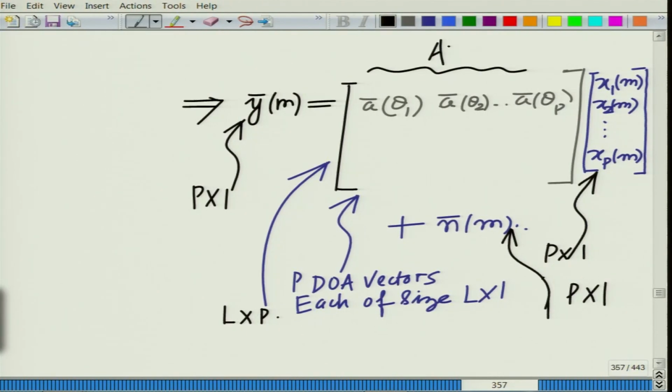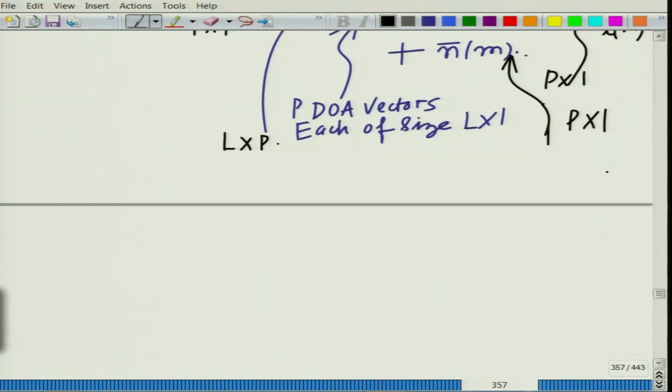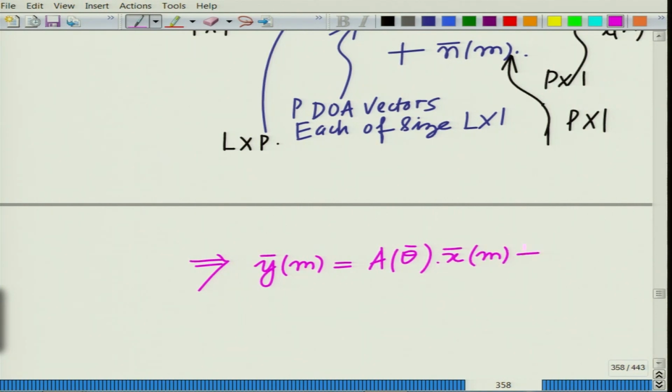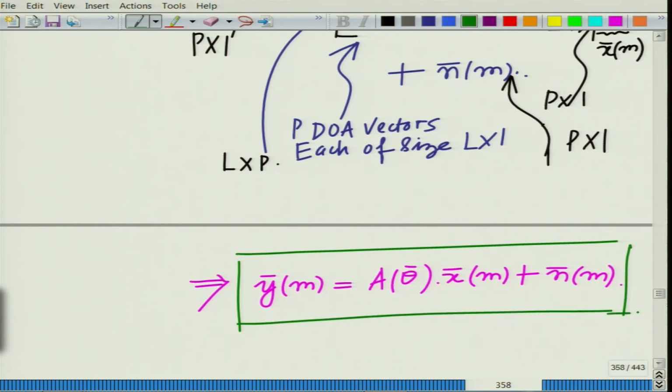I can now call this matrix A theta bar and this vector x bar of m, and therefore I can write the model as y bar of m equals A theta bar times x bar of m plus n bar of m, and this is now your multiple signal model.